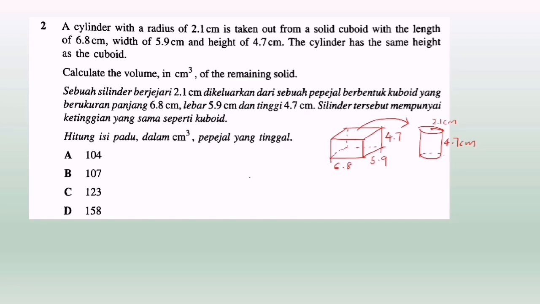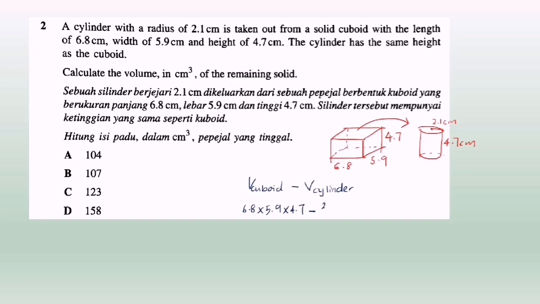So volume of cuboid minus the volume of cylinder. Volume of cuboid is 6.8 times 5.9 times 4.7 minus the volume of cylinder is pi r squared h.